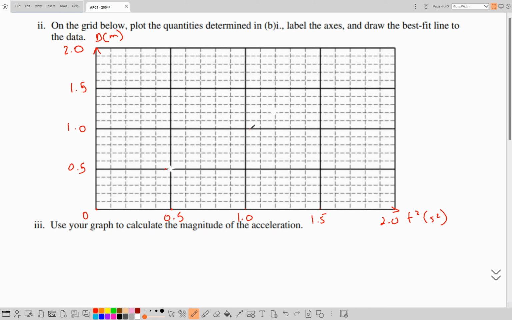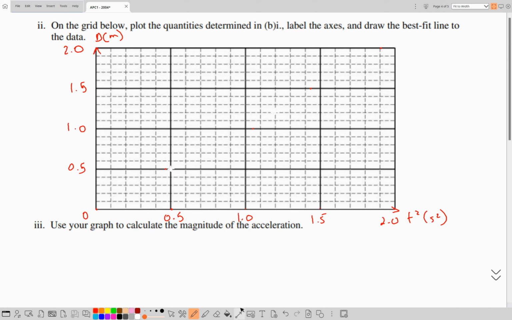So that's the second point. Now the third point is given by 1.42. This is 1.4. 1.42 is somewhere here with a vertical distance of 1.5. And the final point would be 1.904, which is almost 1.9, with a vertical distance of 2.